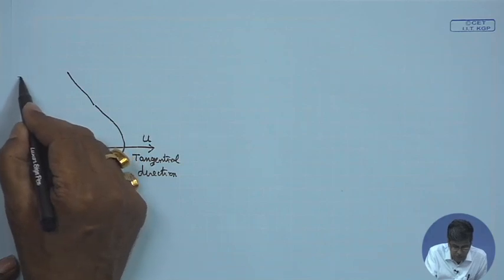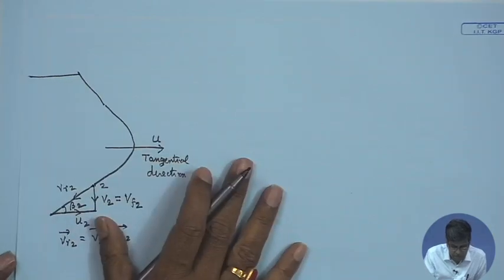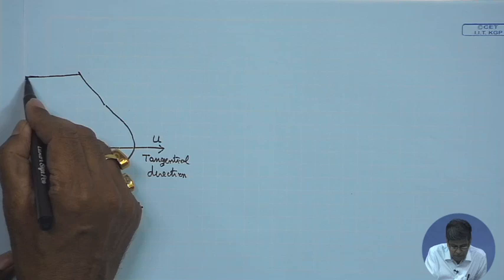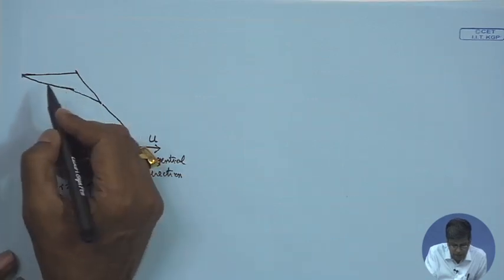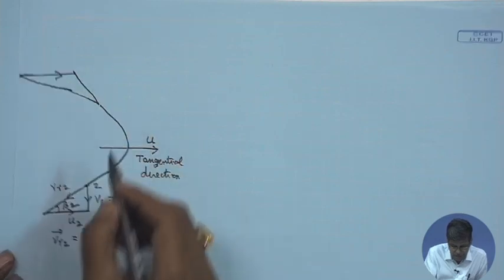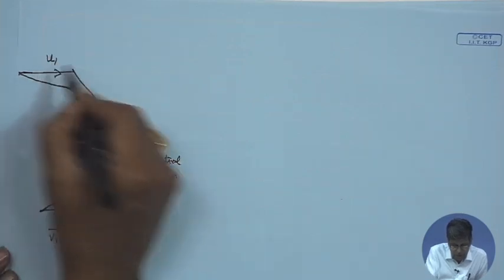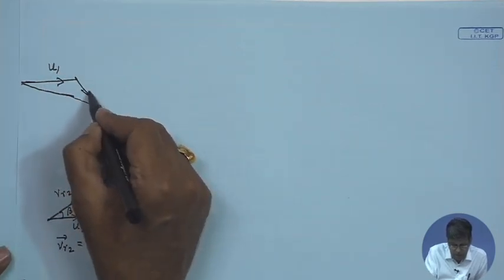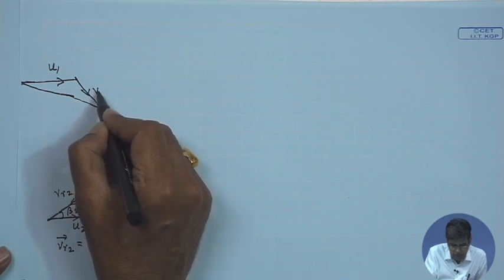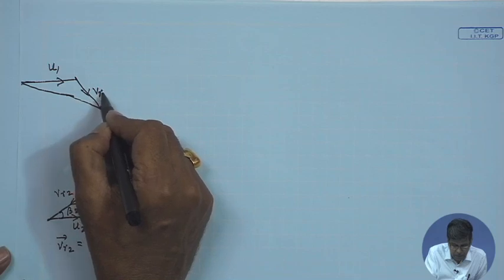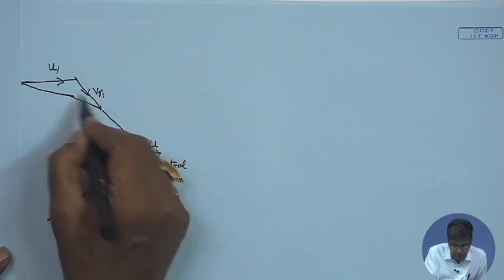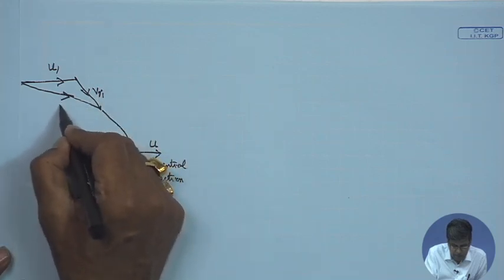Similarly, one can draw the velocity diagram at the inlet like this. This is U2, this is U1, this is VR1, and this is V1.